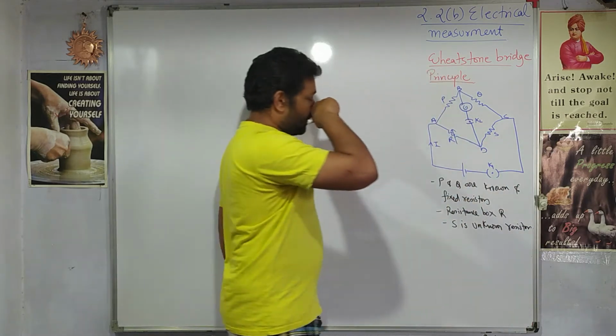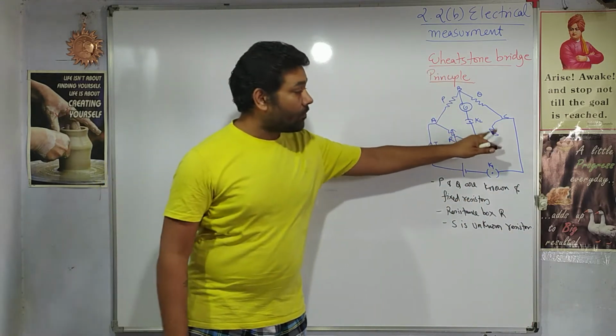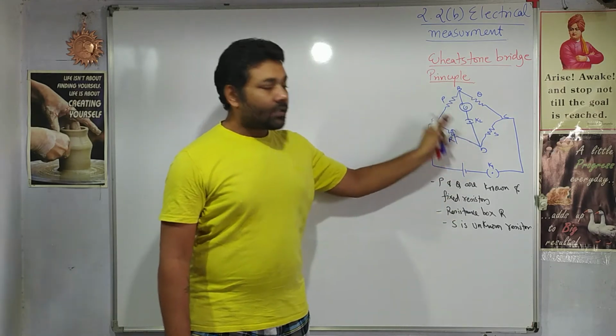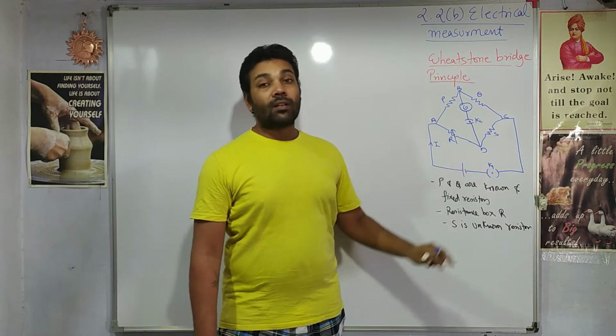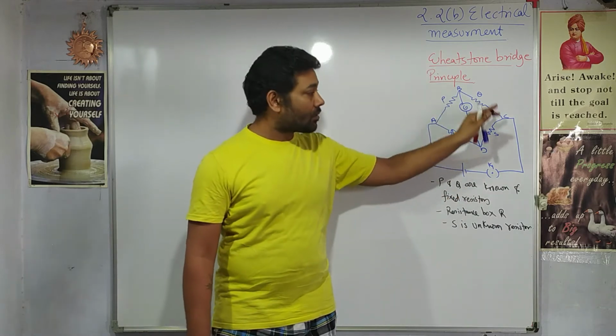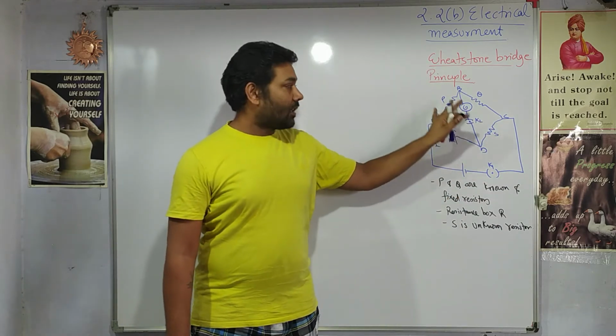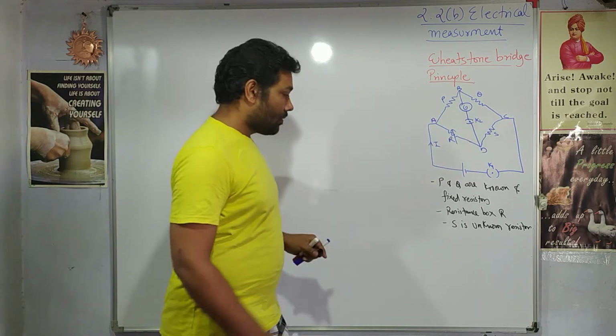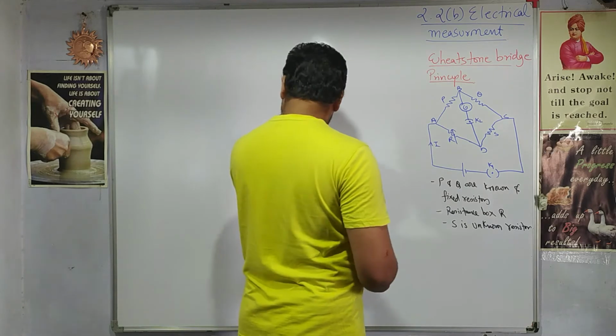So this is a Wheatstone bridge, an arrangement to find out the unknown resistance S. I don't know the value of this resistor and I want to find it out. The Wheatstone bridge is the best arrangement through which I can find the value of this unknown resistor. So let us start.